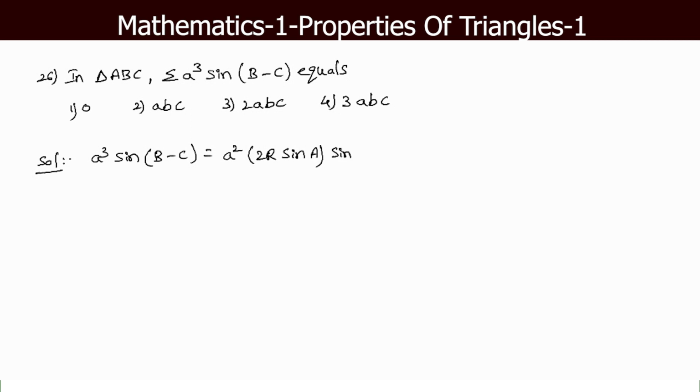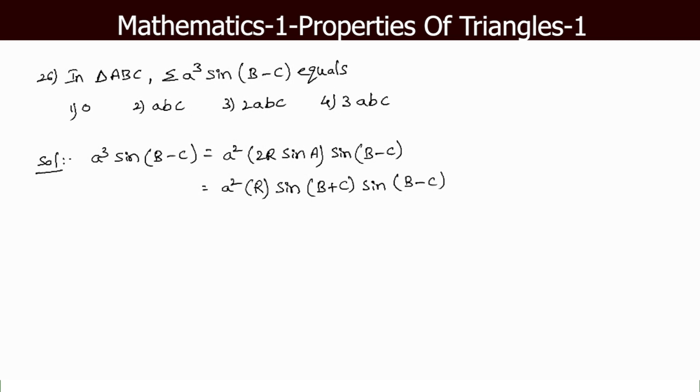A cubed sin(B minus C) you can write as a squared into a sin(B minus C). One a you write as 2R sin A, and A you replace with 180 minus (B plus C), that means sin(B plus C) you will get. So a cubed sin(B minus C) is equal to a squared into R into sin(B plus C) into sin(B minus C).